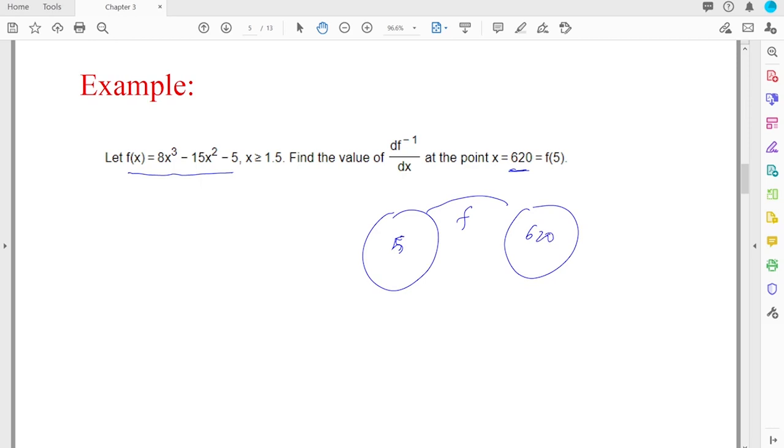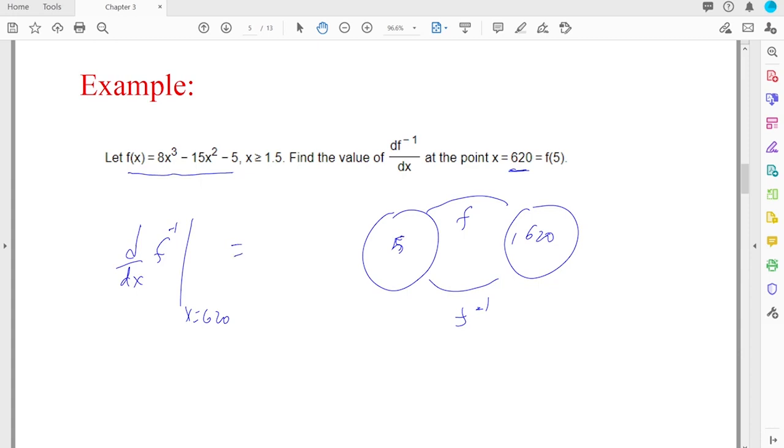So we would like to find the derivative of f inverse at 620, x at 620. Remember, this x equal to 620 is coming from here.